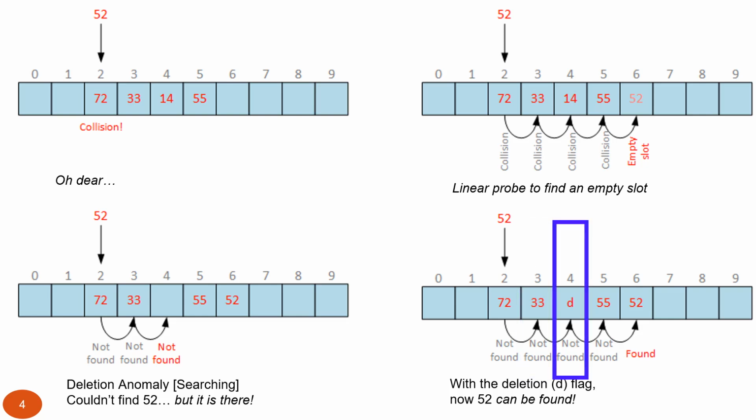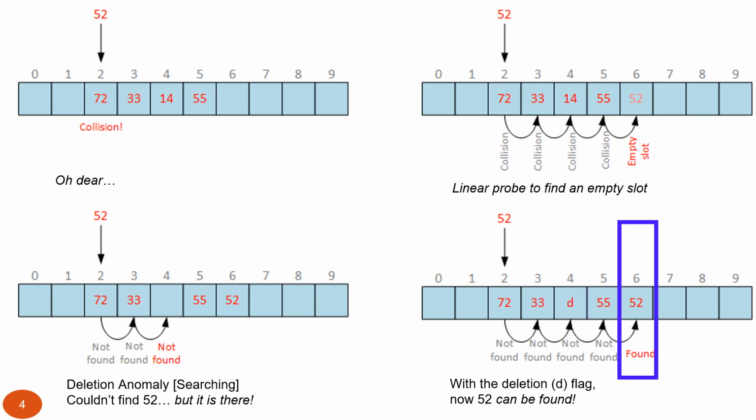I hit D. The D tells me there used to be something here, so please step over and continue your search. So I then linear probe one more time. 55 is not equal to 52, I linear probe another time, and I eventually find 52. I am successful in searching for 52. So this deletion anomaly when searching for something can be rectified by the flag D for deleted.